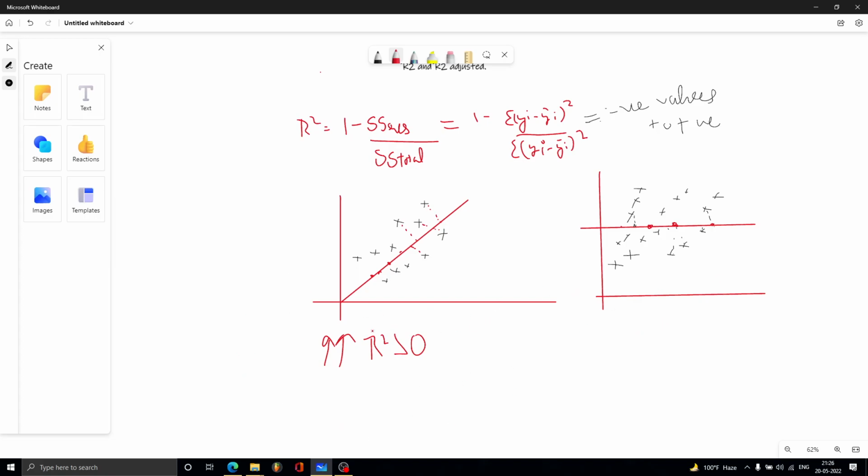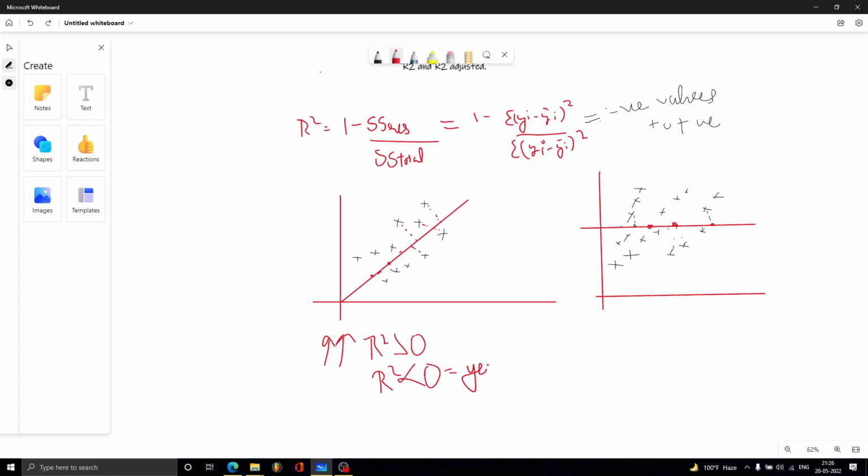Now suppose R square is decreasing, or less than 0. Is it possible that it can be less than 0? Yes, there is a possibility.